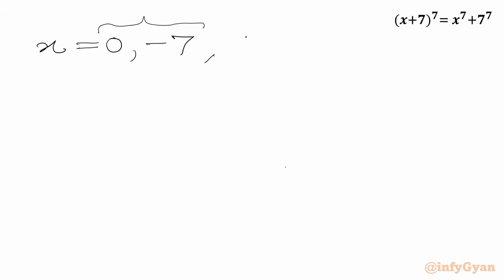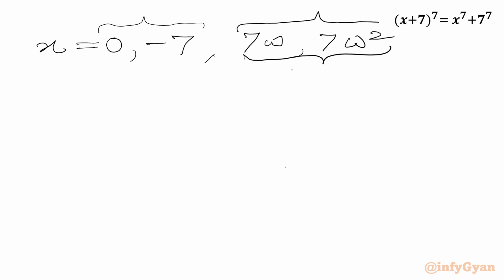Then we'll write 7 omega. Then we'll write 7 omega square. Both are complex values. And one thing, they have multiplicity 2. So we have 4 plus 2, 6 roots for our equation.